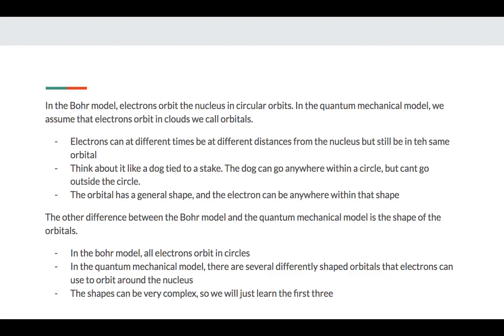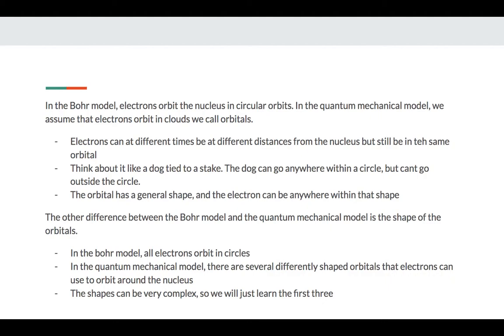So electrons can at different times be at different distances from the nucleus, but still be in the same orbital. So you can think about it like a dog tied to a stake. The dog can go anywhere within the circle, but can't go outside the circle. Also, the orbital has a general shape, and the electron can be anywhere within that shape.